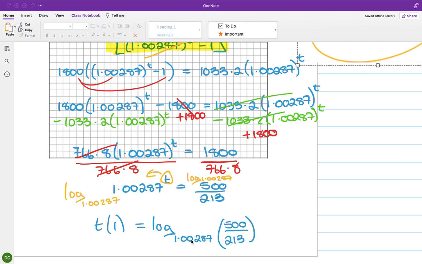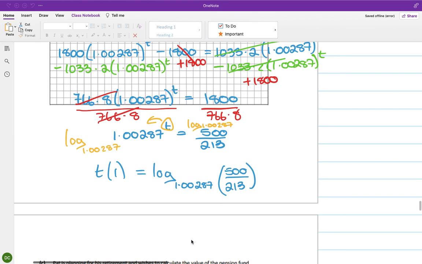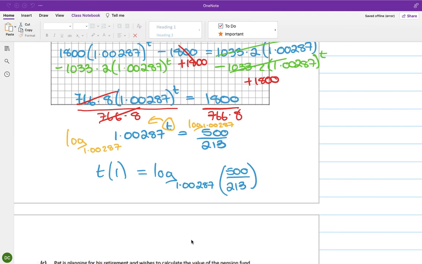So that base is not a fraction and it's not an inequality, so we've none of that from earlier. So log to the base 1.00287 of the answer equals, so I'm getting 297.75, so approximately 298 months. Yep, and that's worth 15 marks.